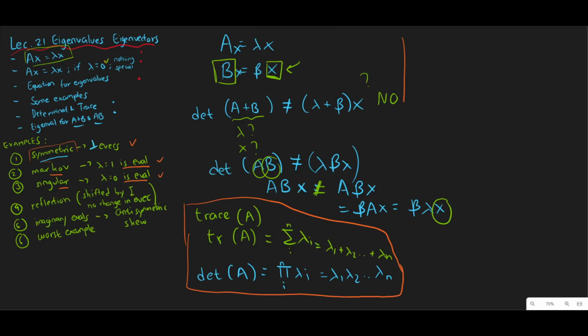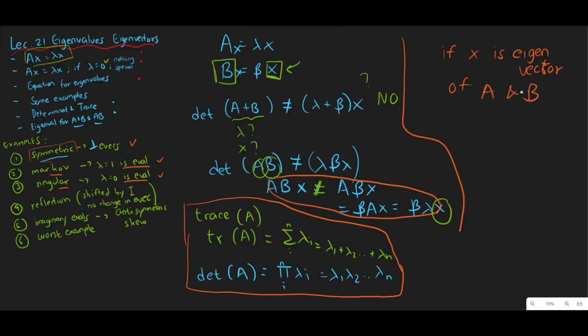The book mentions the only condition under which this is true: if x is the eigenvector of A and also the eigenvector of B, then this will be the case, and also this will be valid.